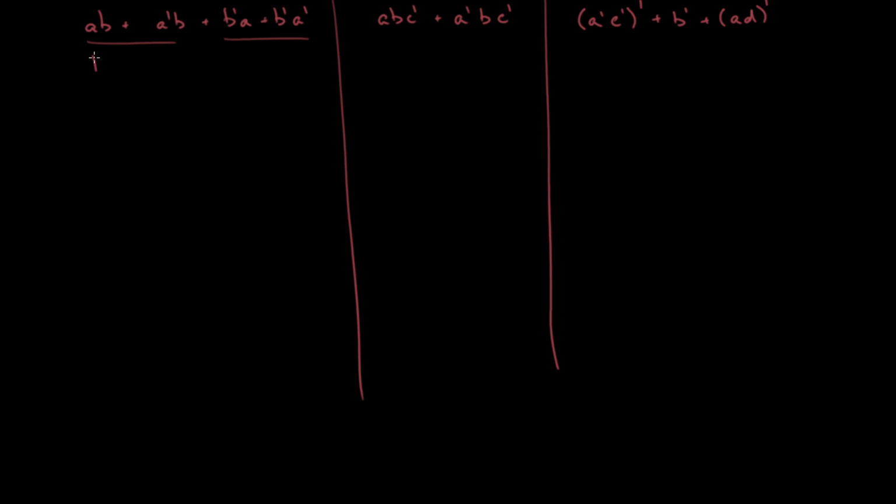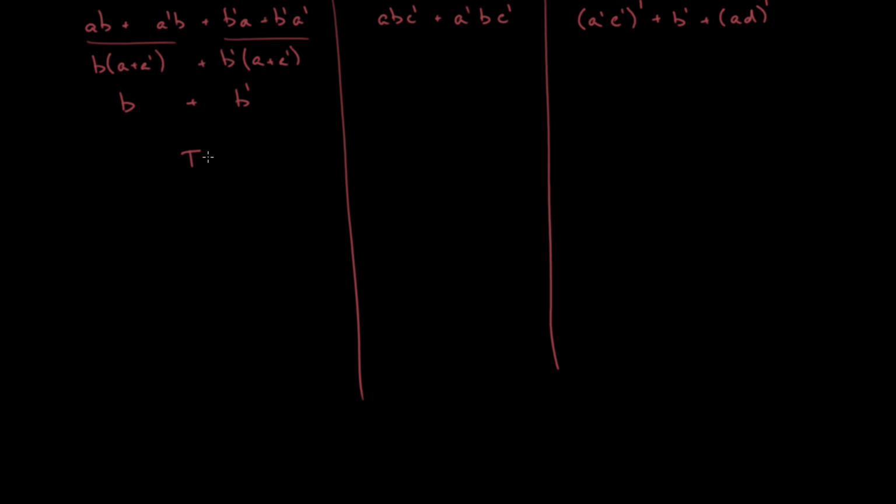I'm going to factor out a B in the first one, and I'm left with A or not A. In the second one, I factor out what they have in common, which is not B, and I'm left with A or not A. A or not A is just true, so this will just be B or not B, and as we said just 5 seconds ago, B or not B has to just be true.